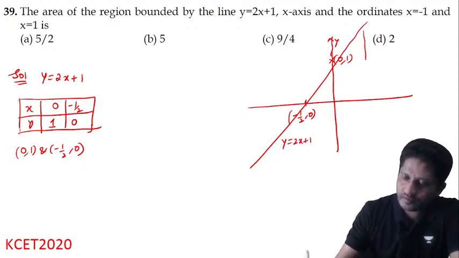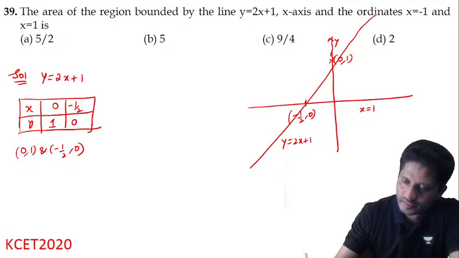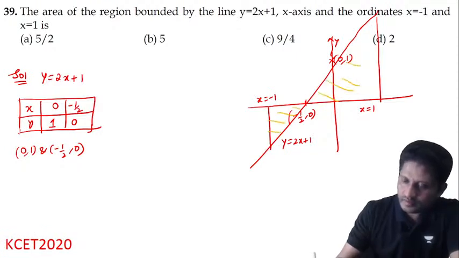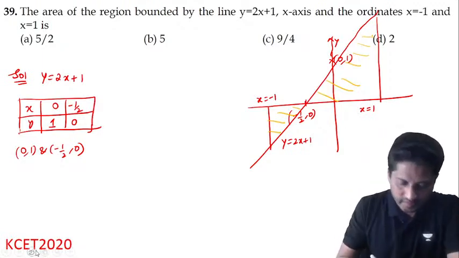Now the line x is equal to 1 and x is equal to minus 1. Okay, just a rough sketch. This line is x is equal to 1 and this line is x is equal to minus 1. This area I'm supposed to find out. Right now, it is not symmetric, right?